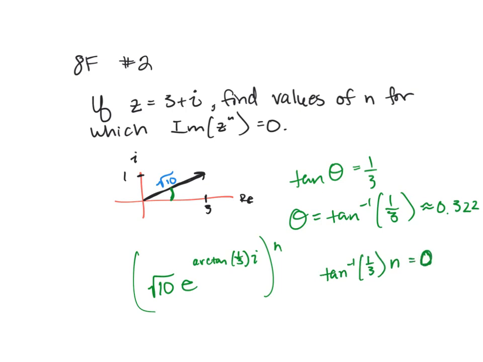And it just doesn't happen, because what's really happening is we're spinning this guy around, and it's probably because square root of 10 is more than 1. It's getting longer and longer, but every time you multiply by some power, this is spinning some degree, and there's just no nice way to do this.